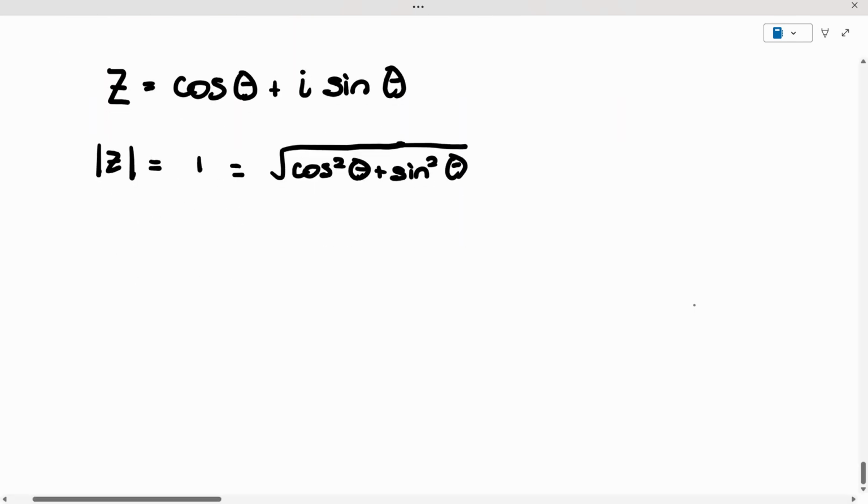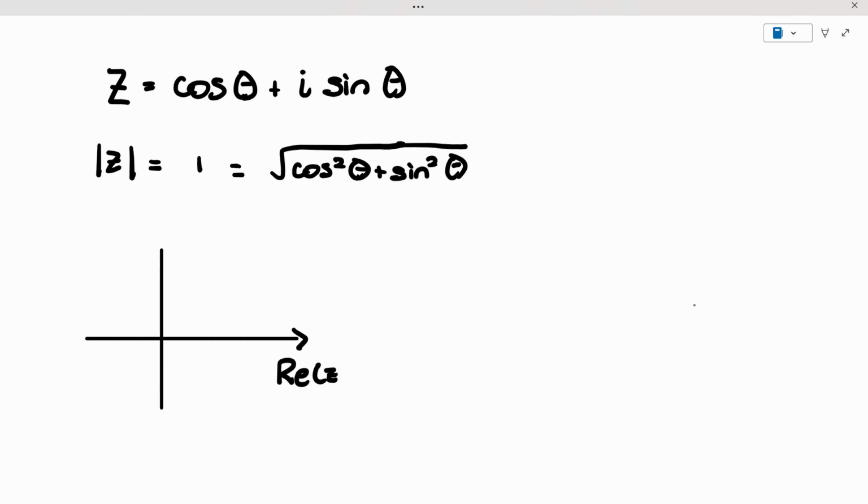So if we were to put this on an Argand diagram, we have our real side here and our imaginary side here. This complex number has a length of 1.